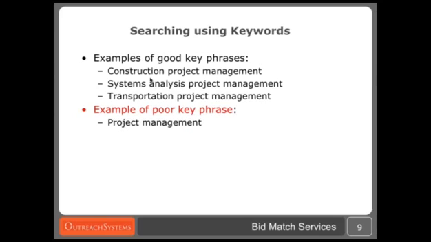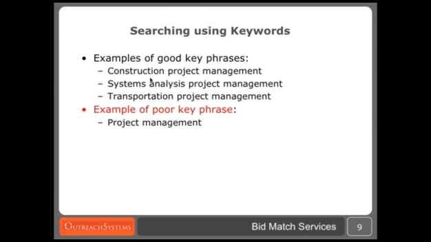The phrase project management is probably one of the most common phrases that we see in search profiles. But project management is used in every single industry. So it covers all types of bids. If your client is more into construction project management, then let's identify that. If they're more into system analysis type of project management, again, identify that. Transportation project management.